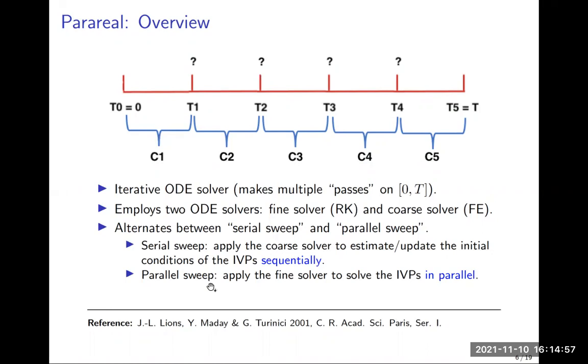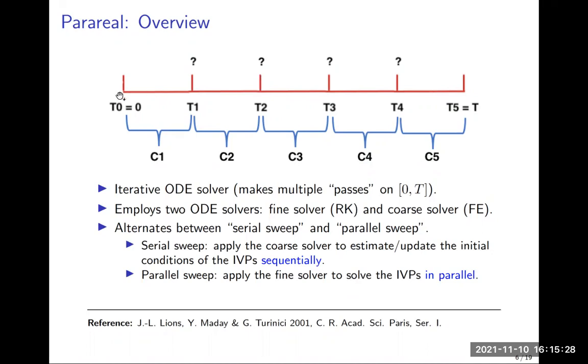And the parallel sweep is to apply the fine solver to solve these independent initial value problems in parallel. So although each solve is going to be more computationally costly, they are done in parallel. So you need to solve, for example, these 5 initial value problems restricted to the 5 subdomains, but they can be done in parallel. All right.